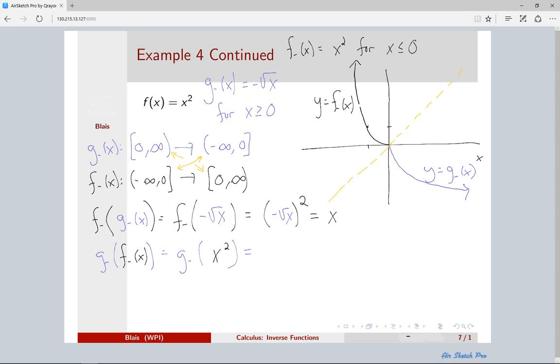So we get the negative square root of that x squared term.